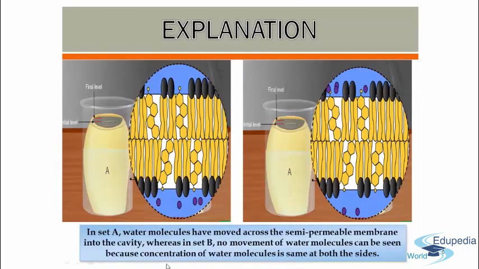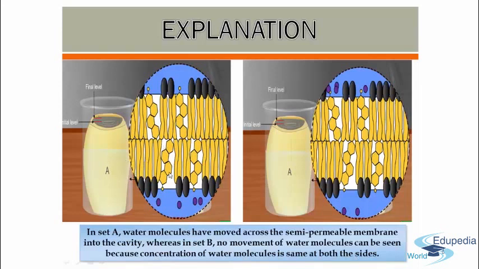Explanation. In set A, water molecules have moved across the semi-permeable membrane into the cavity, whereas in set B, no movement of water molecules can be seen because the concentration of water molecules is the same on both sides. See this figure?